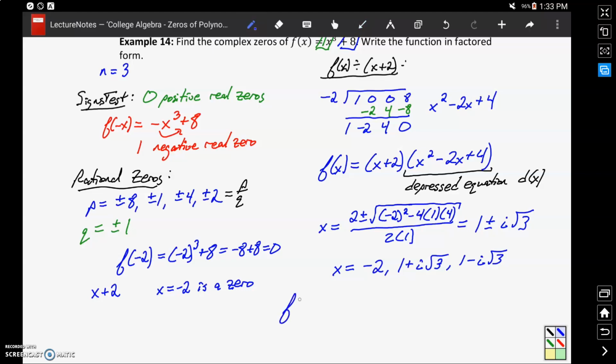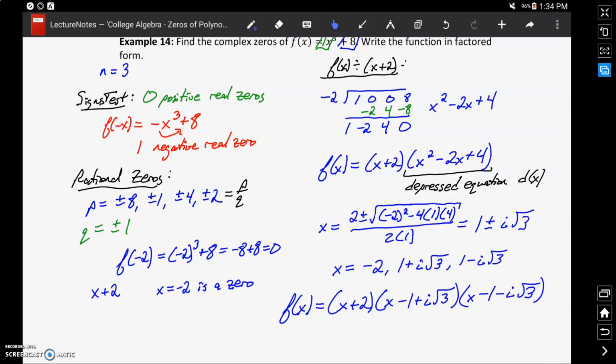And we can write our function in its fully factored form as x plus 2 times x minus 1 plus i times the square root of 3 and x minus 1 minus i times the square root of 3. Where again what we're doing is taking x minus each of the factors or each of the zeros that we found along the way.